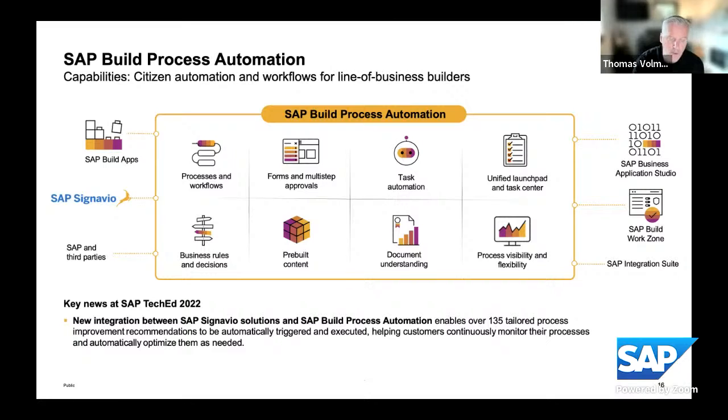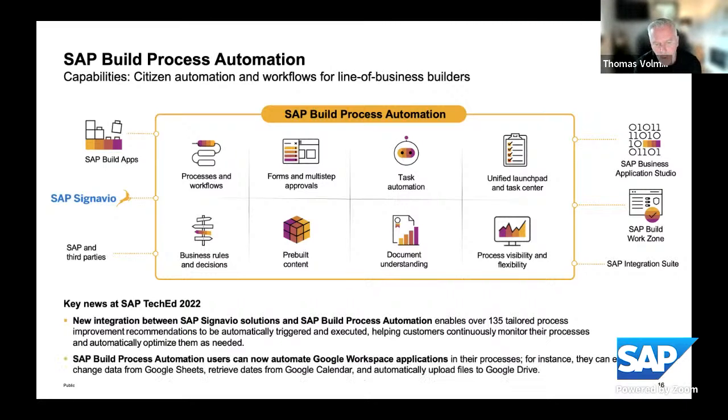Next to that, we also launched, and we should not forget that, we are working strongly with our ecosystem. We work together with Google. We have integrated SAP Build Process Automation with Google Workspace. We shipped a Google Workspace SDK so that you can automate processes that, for instance, extract data from Google Sheets or from Google Calendar.